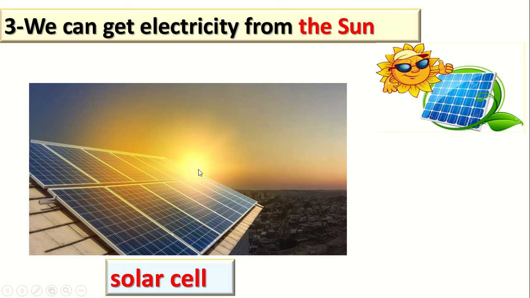The solar cells take the light from the sun and store it as electricity. So we can get electricity from the sun by solar cells.